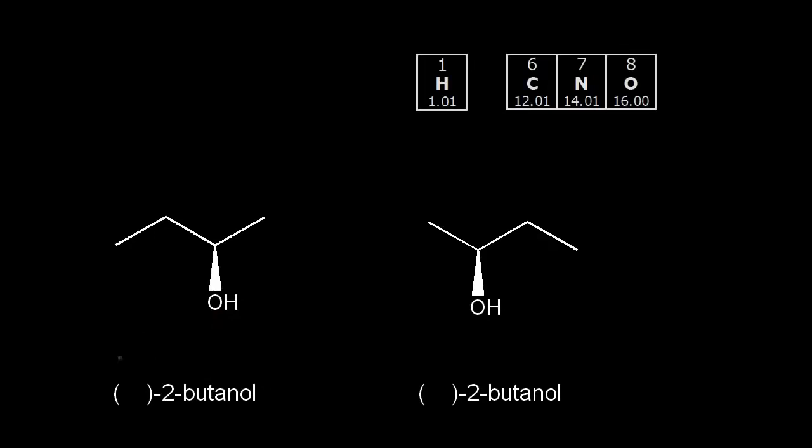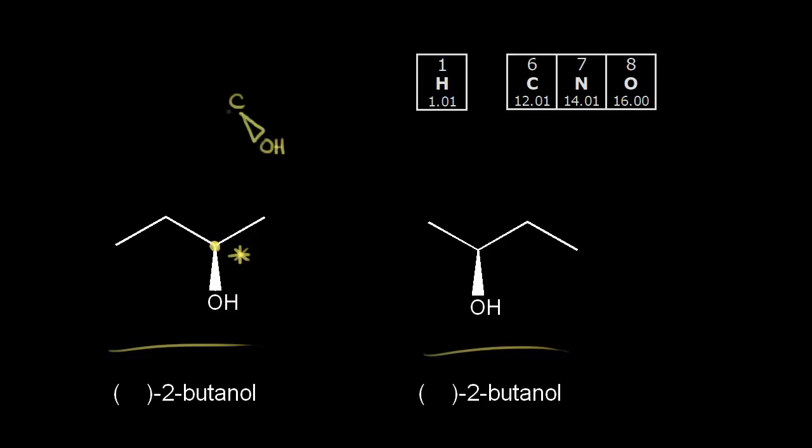Here we have another pair of enantiomers. So this alcohol on the left and its mirror image on the right. Let's start with the one on the left. We know from earlier videos that this is the chiral center, and our goal is to assign a configuration to this chiral center. Let's go ahead and redraw the molecule. So that carbon is our chiral center. Attached to that carbon is our OH, so I'll draw the OH on a wedge.